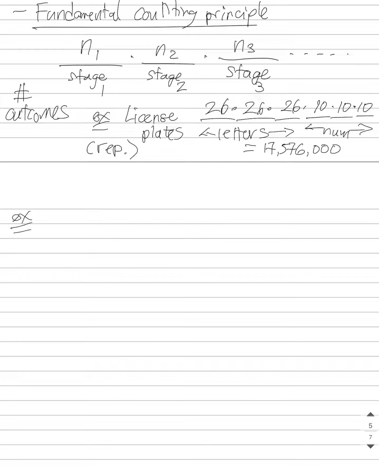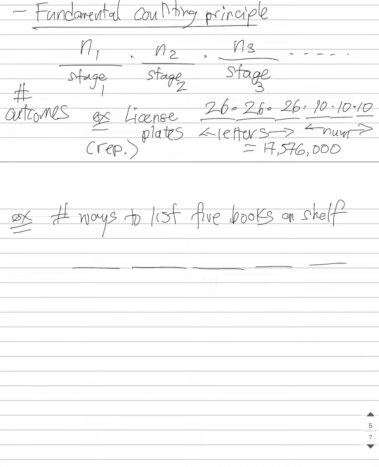As another example, I could talk about the number of ways to list 5 books on a shelf. Well, I've got 5 books, which means I have 5 stages in my experiment. In the first stage, I have to decide which of the 5 books is going to be there, so I have 5 possibilities for that first book.